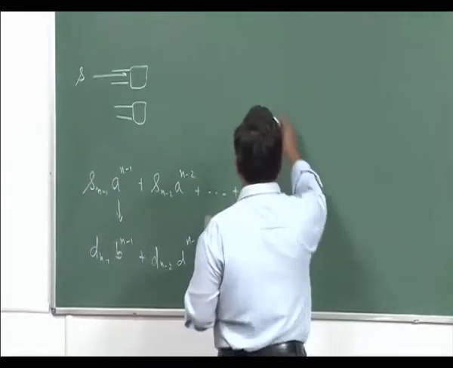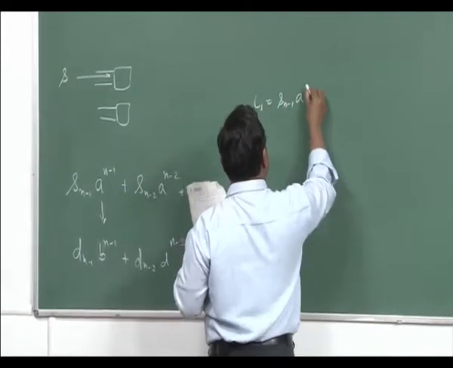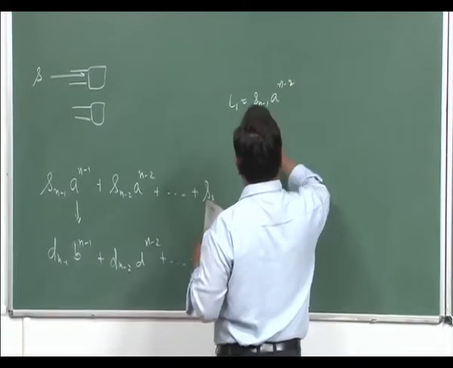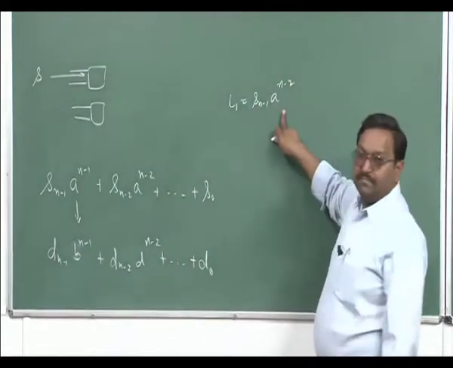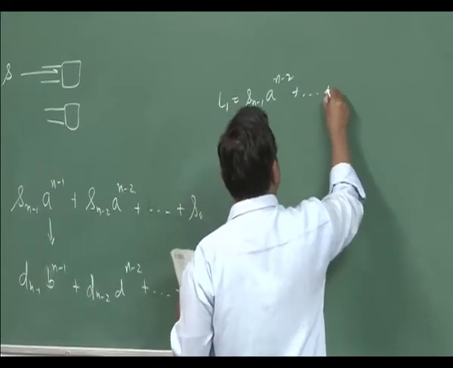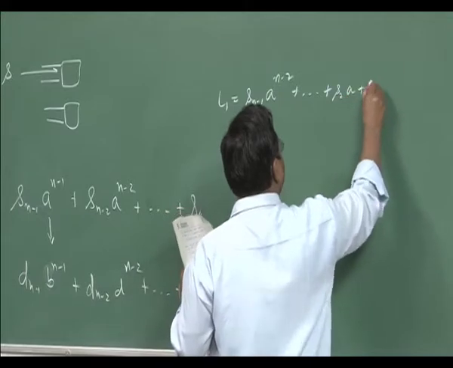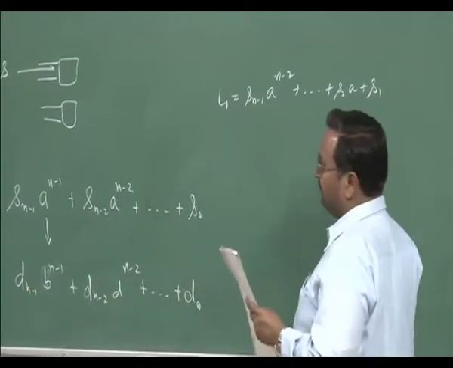So that was the term known as L1. Because I am dividing by A for the floor function, that is what we got.